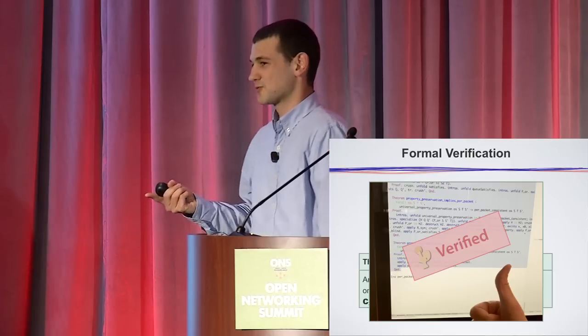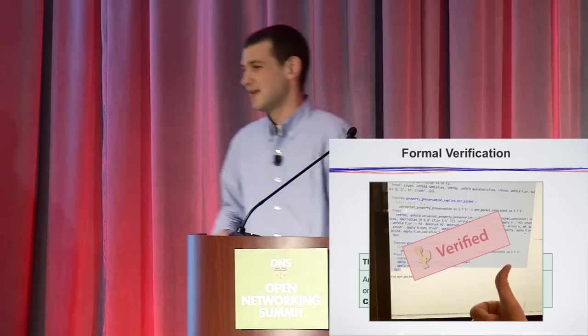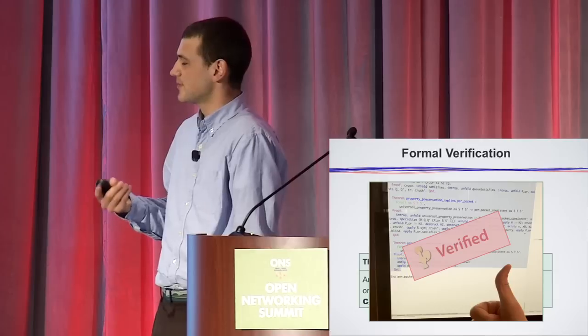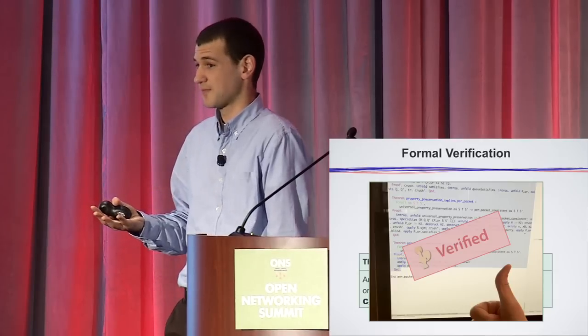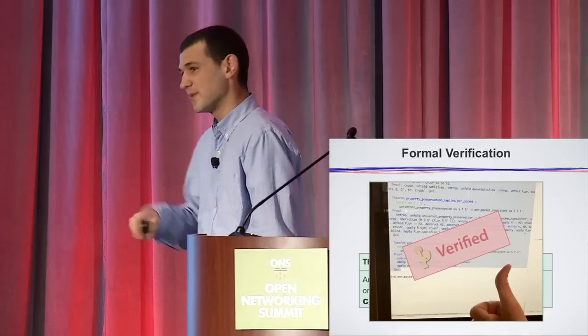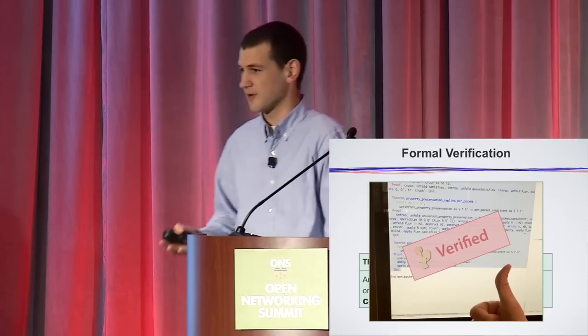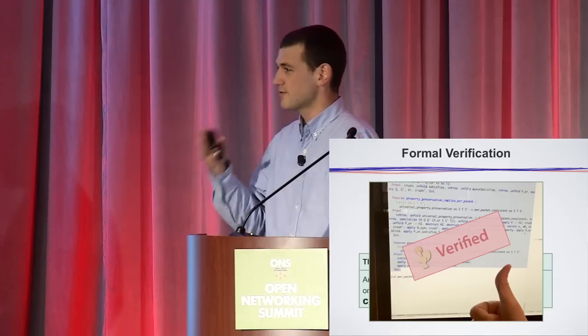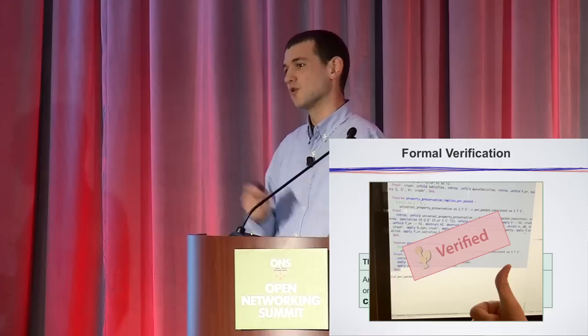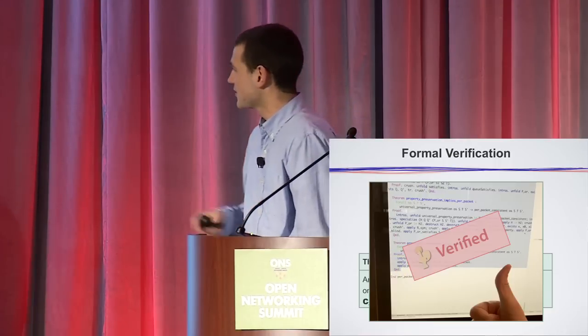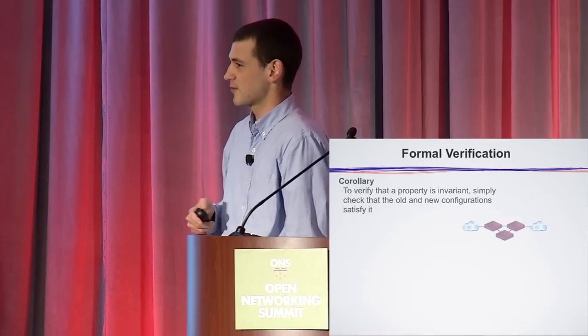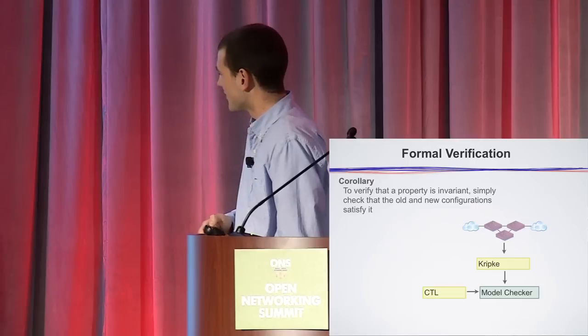One corollary of doing all this work on the language side is that we can use this to build a tool for doing formal verification of network programs. So because per packet consistent updates have this property that they preserve all properties, if we want to do formal verification using a tool like a model checker, all we have to do is check that the old and new configurations have the property we want. And we built a little tool that does this.